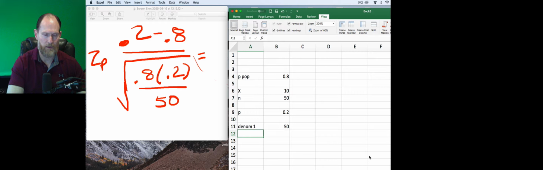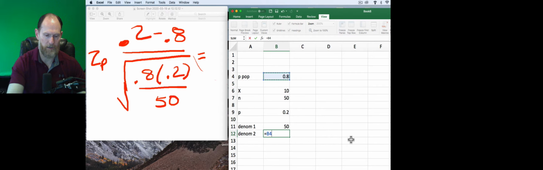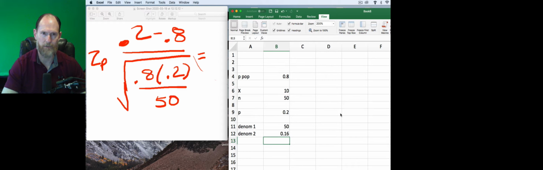And then denominator 2 is going to refer to the p-pop portion of that square root. So I'm going to take that 0.8, which is the p-pop, and grab it from up here, and within the same cell, do a 1 minus that p-pop. And that'll give me that number there.